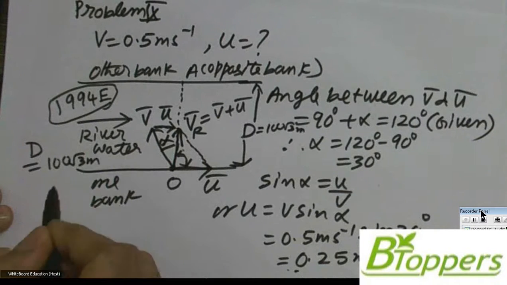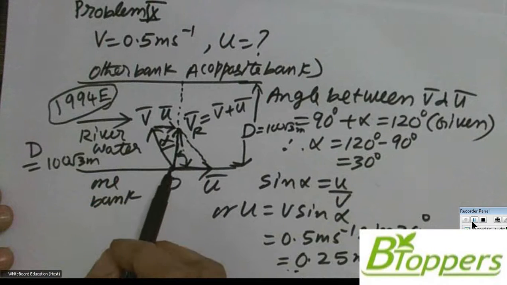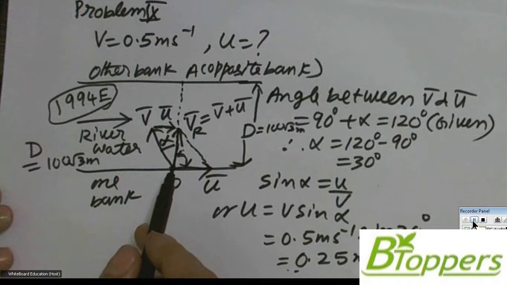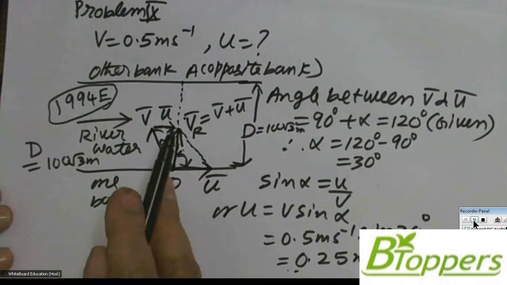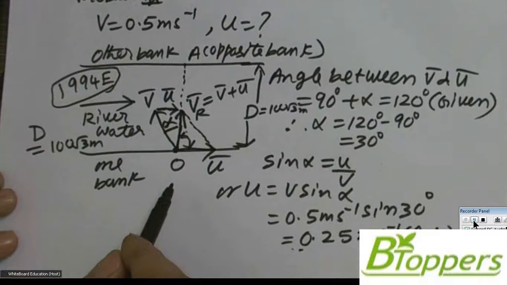You are asked to find the time taken to cross the river. In case you remember the conclusion I have given, in case 2 you can directly use this conclusion to find the time taken to cross the river along the minimum distance path, which is given by T equals D by root of V squared minus U squared.